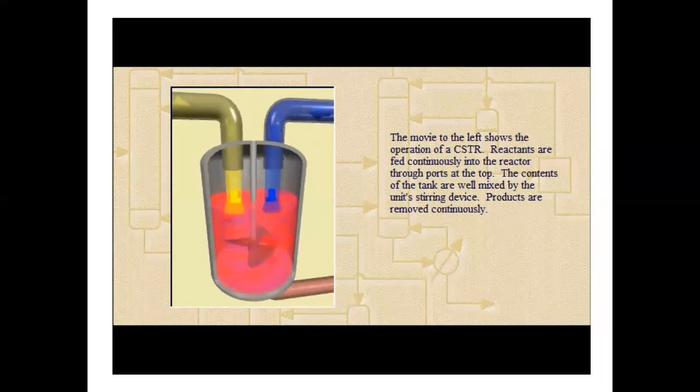Reactants are continuously introduced into the reactor, while products are continuously removed. CSTRs are very well mixed, so the contents have relatively uniform properties like temperature, density, etc. throughout. Also, conditions in the reactor's exit stream are the same as those inside the tank.